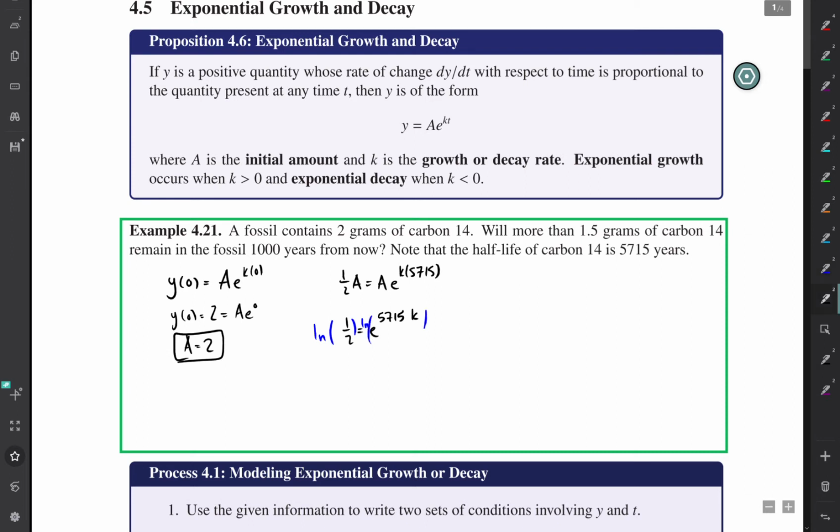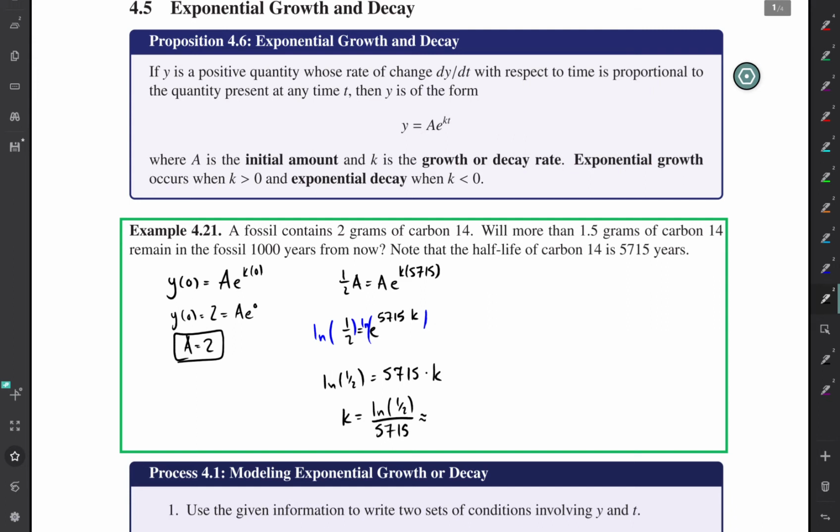We'll apply the natural log to both sides to get rid of that e. And so you're left with the natural log of 1/2 equals 5,715 times k. So k is equal to the natural log of 1/2 divided by 5,715. I'll plug that into a calculator real quick: ln of 1/2, divided by 5,715.